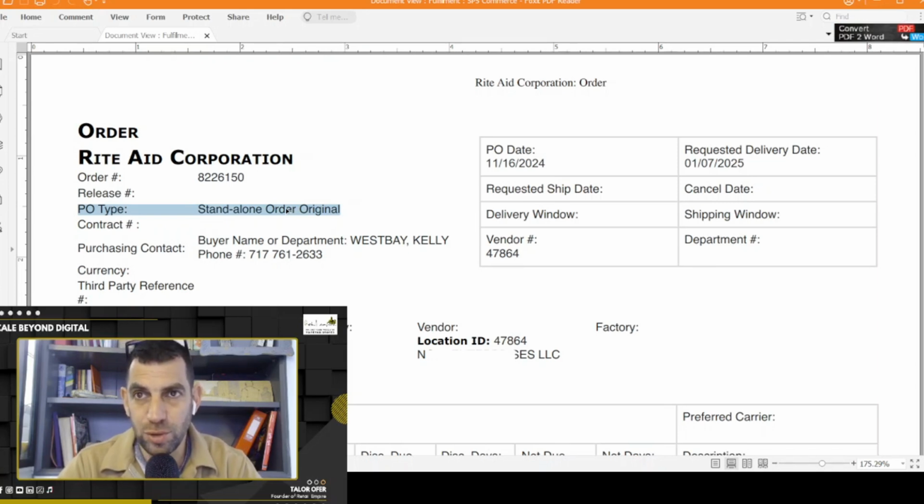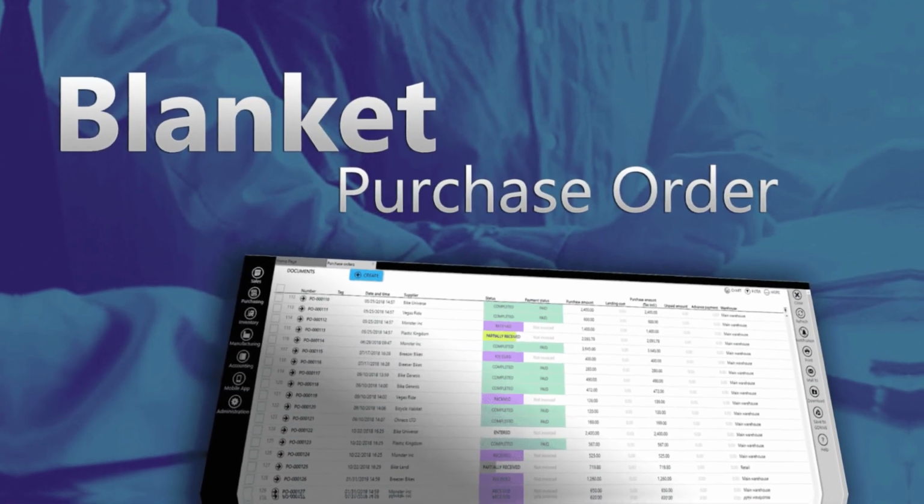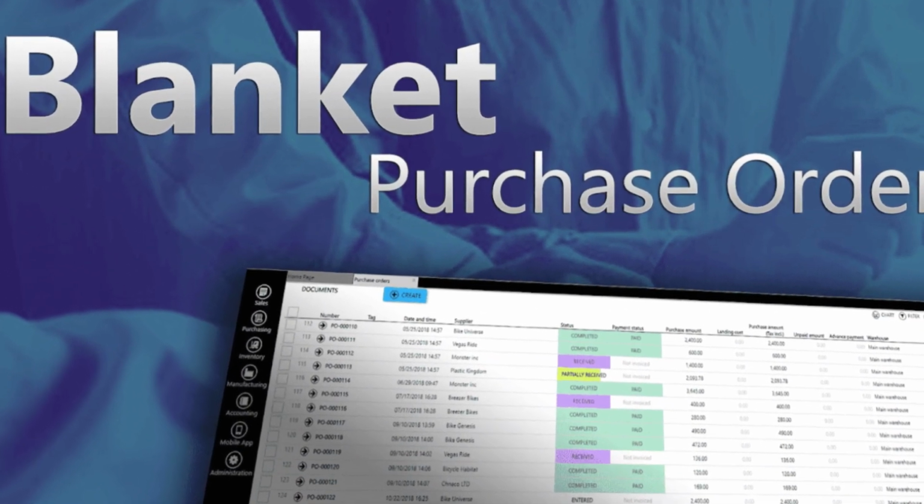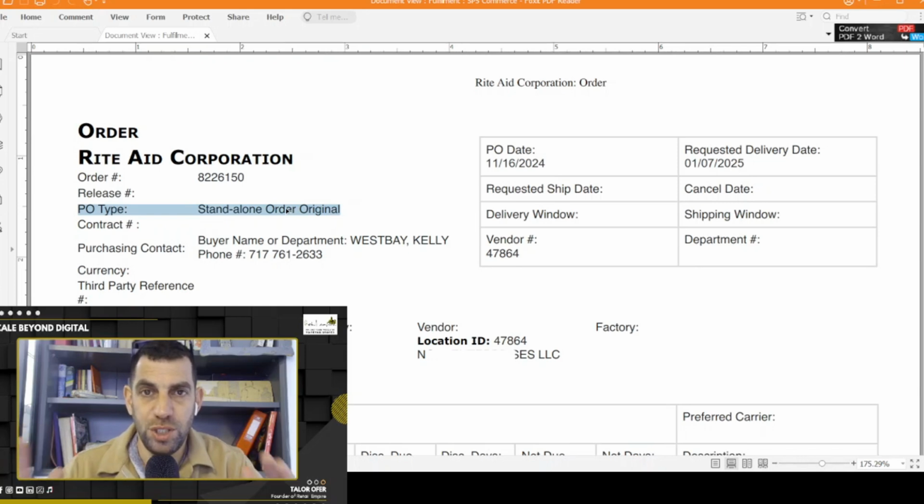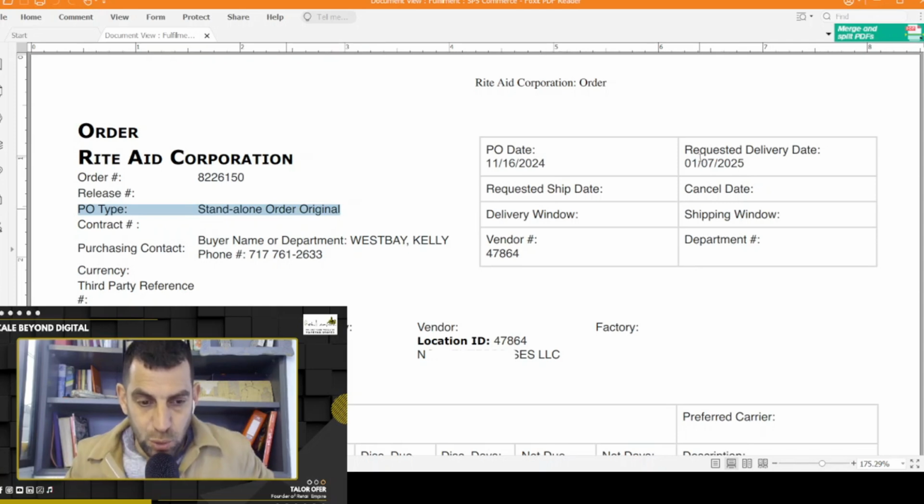A blanket order is when you receive an order divided into a few different shipping frames. Shipping frames means, let's say the first order, this one by the way is from November 24 and was supposed to be delivered on January 7, 2025.